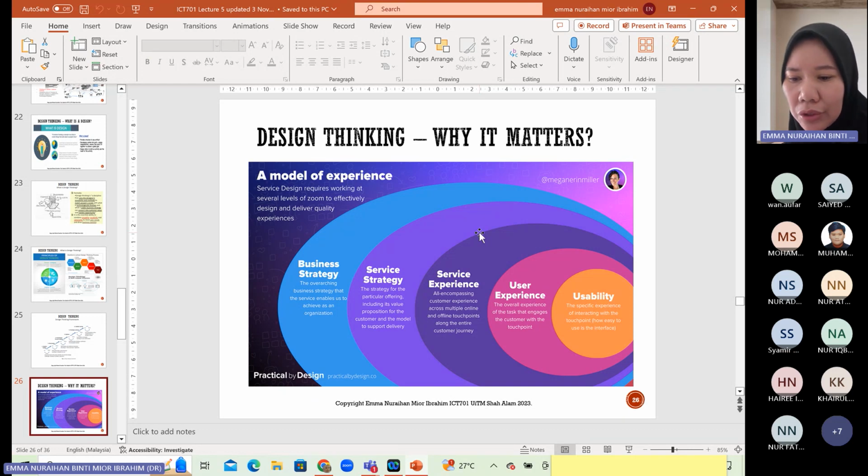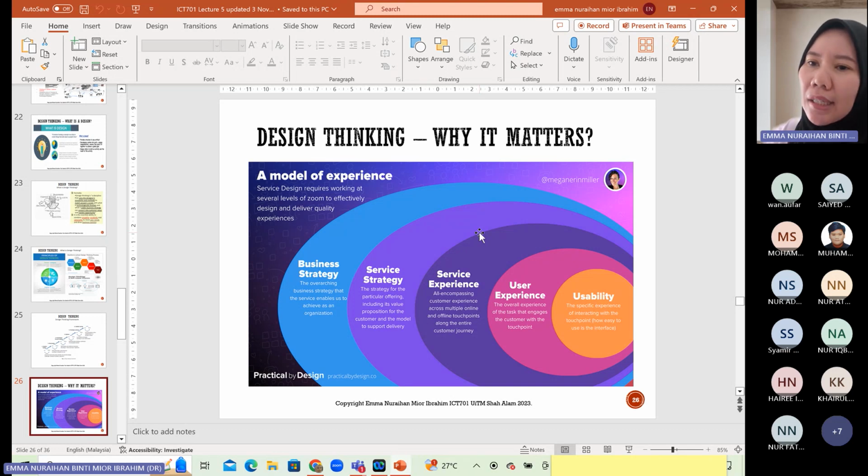So we want to make sure there is a difference between those who are taking undergraduate and those who are taking postgraduate, because at the postgraduate level, we want you to level up to a certain professionalism, to a certain level of thinking. So we could not assess you in a way that we assess undergraduate, and we expect you to be more mature, even though we have students that fresh graduates terus masuk master's level.